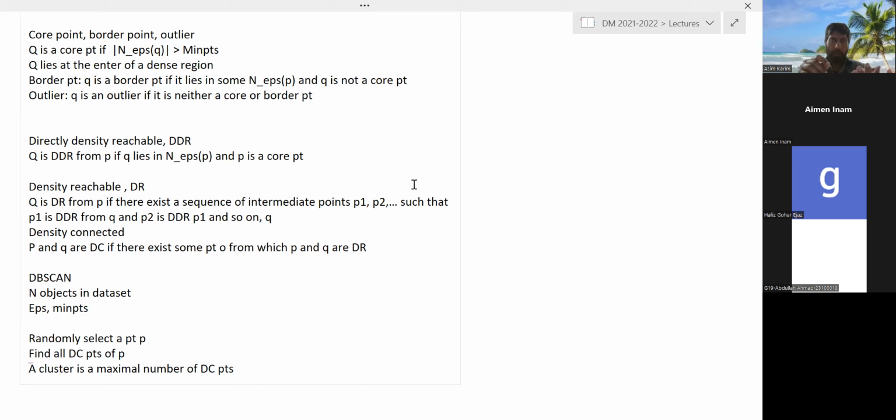And if within its region it has some other points that are also core points, then this region would continue. All that continued region would form the density connectivity, and that's of course a cluster. So you take a random point P, look at the points in its neighborhood, then check whether those are also core or not, and then you continue in that fashion.